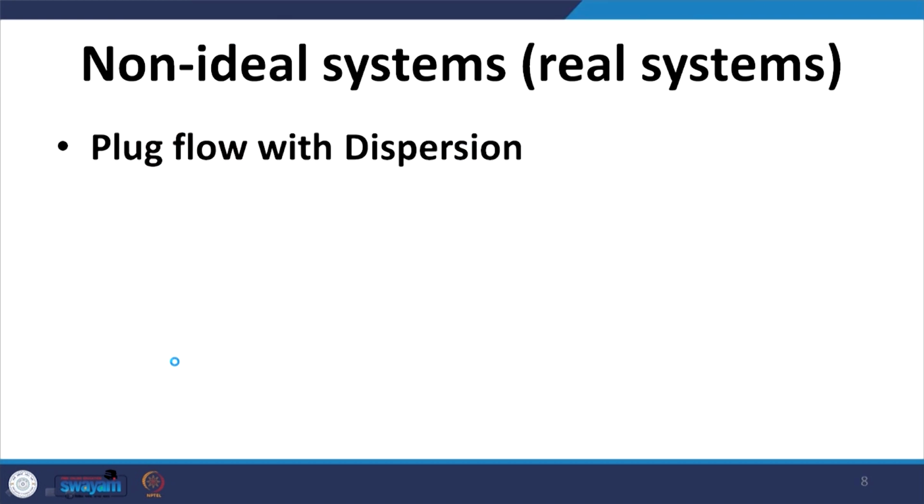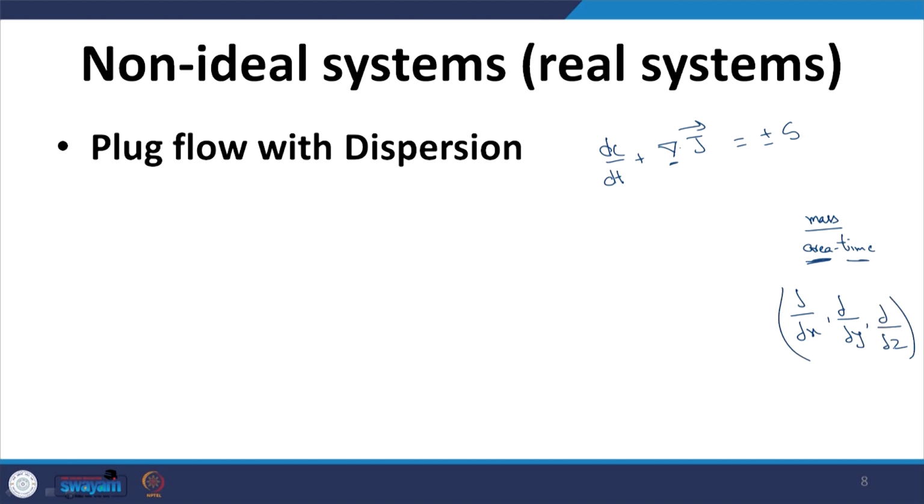And non-ideal systems, plug flow with dispersion, let us say. What is the fundamental mass balance equation? We know that it was dC by dt plus del product of flux. What is flux? Mass per area per time, right? How much mass is coming in through a particular area per time, let us say, is equal to plus or minus sources or sinks. Del product means I want to understand how my variable is changing with x, y and z, right.